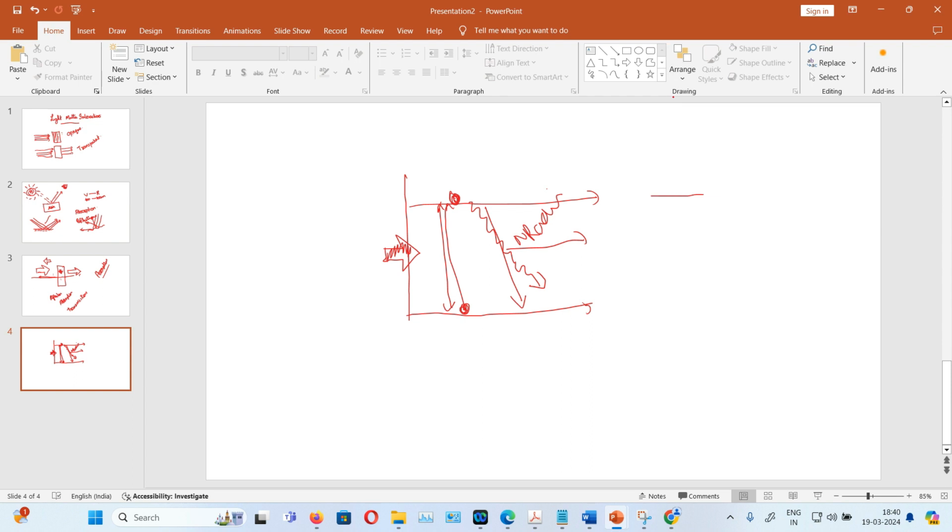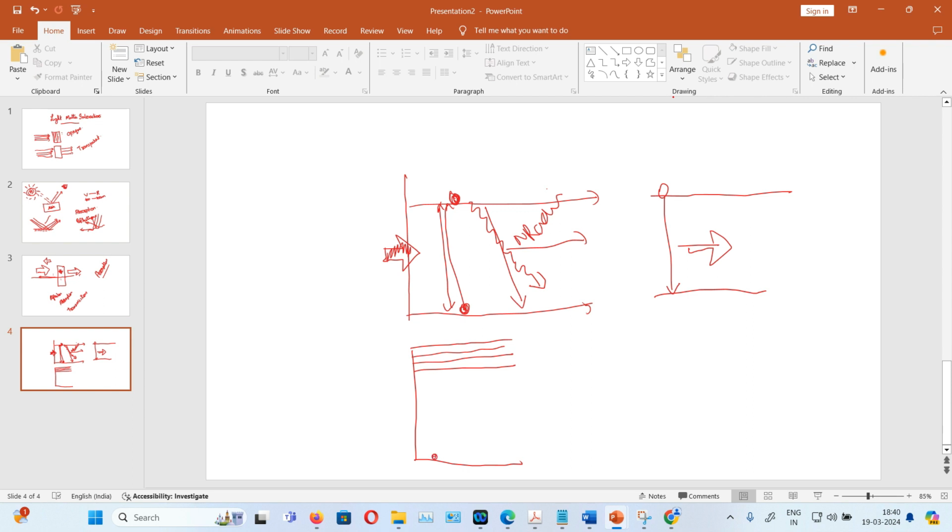Then there are phenomena like fluorescence. If the excited molecule goes back to its ground state by emitting a particular photon, that phenomenon is called fluorescence. Usually, there will be an excited state level, and this excited state also has different energy levels.